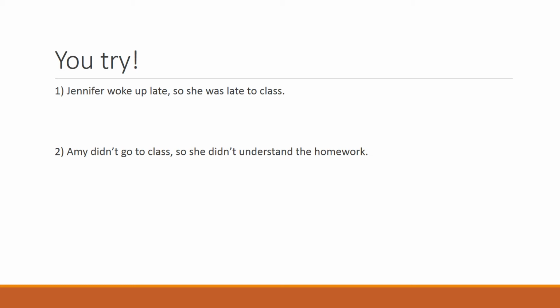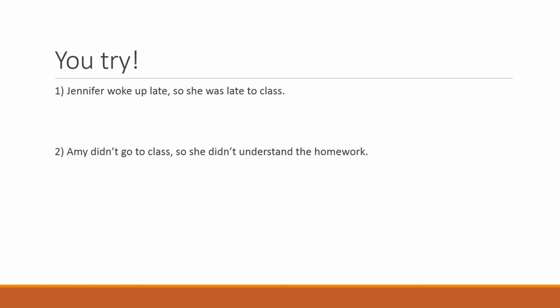Okay, let me repeat that. If Jennifer hadn't woken up late, she wouldn't have been late to class. Or you can say, if Jennifer had woken up early, right, which is the opposite, she wouldn't have been late to class.